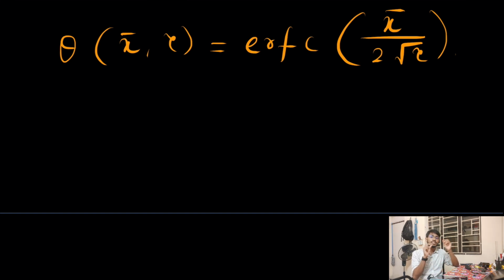So after watching this video, if you have to solve that one, please don't think that this is a fluid mechanics problem and this is a heat transfer problem. Yes, these are two different problems from the practical point of view, but from the mathematical point of view they will have exactly the same solution.